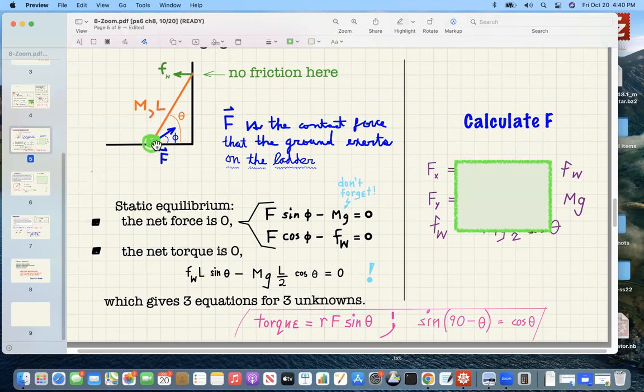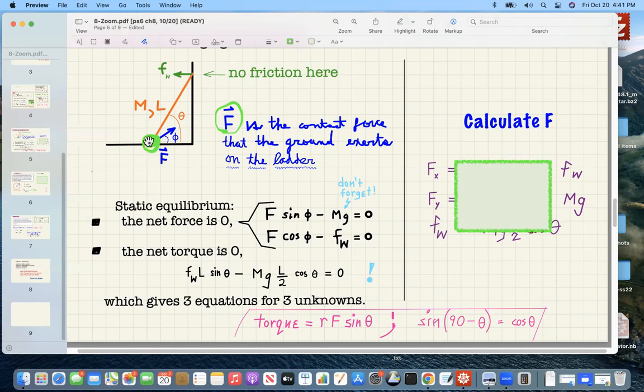Torque is force times distance, and this force is at distance 0 from this axis. So I don't need to know this force if I use this point as the axis. I could put the axis anywhere on the ladder, but it'll be easiest if I use this point.